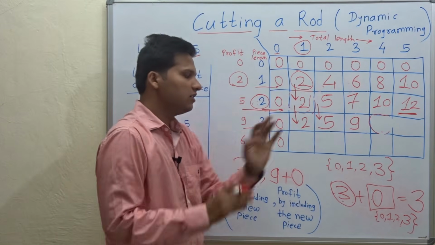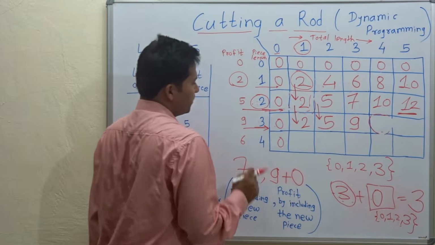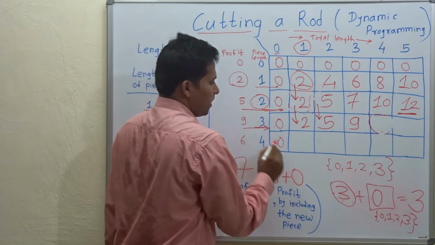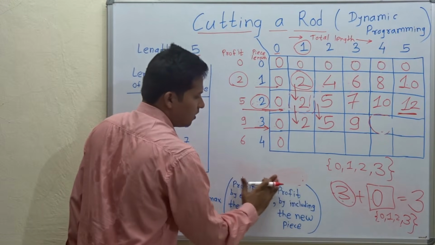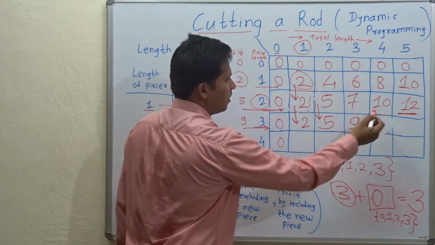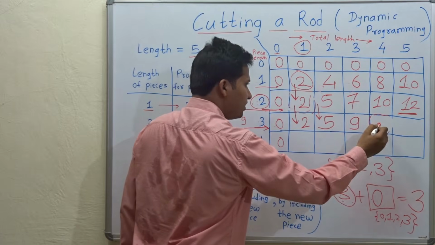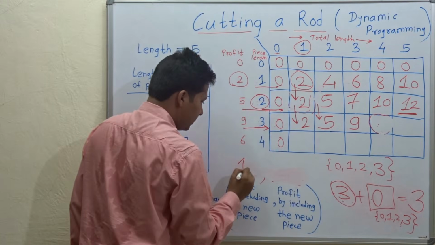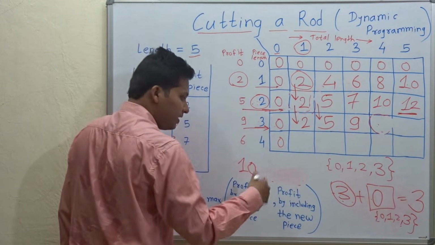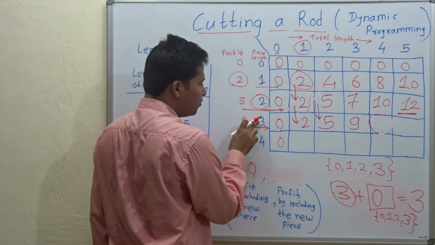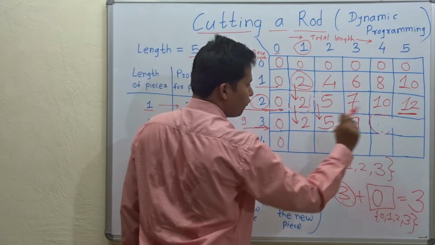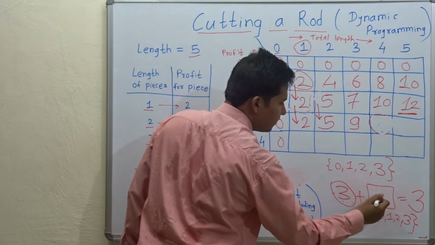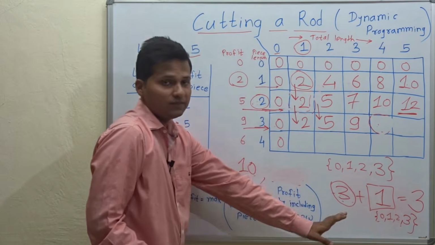In the next cell, you will understand it better now for this row. See, again for the next cell, I will just clean it. Yes. So by excluding the new piece, the value is from the above cell, that is 10. Now by including the new piece, if you include this new piece of length 3 and you want to make a total of 4, then the remaining length is 1.